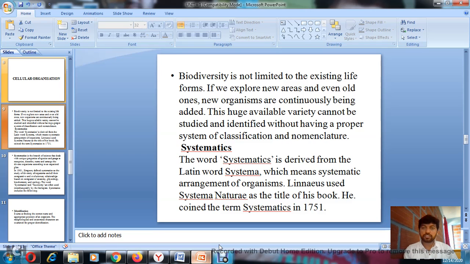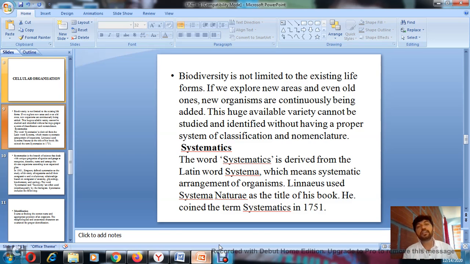Biodiversity is not limited to the existing life forms. If we explore new areas, even old ones, new organisms are continuously being added. See, our earth is a diverse planet. I can say that we have not even identified 1% of the organisms which are present on the earth.